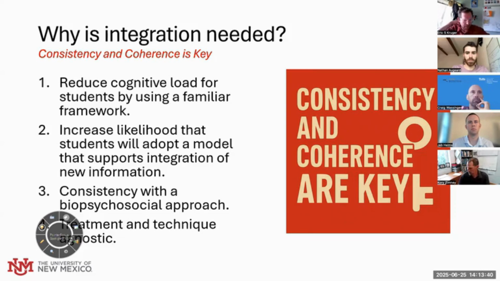As many of us are aware, in many areas there's not a lot of research demonstrating superiority of techniques or different subtypes of approaches. And I also think really using a language that is agnostic to a specific treatment and technique. So those are other reasons that I think are important.